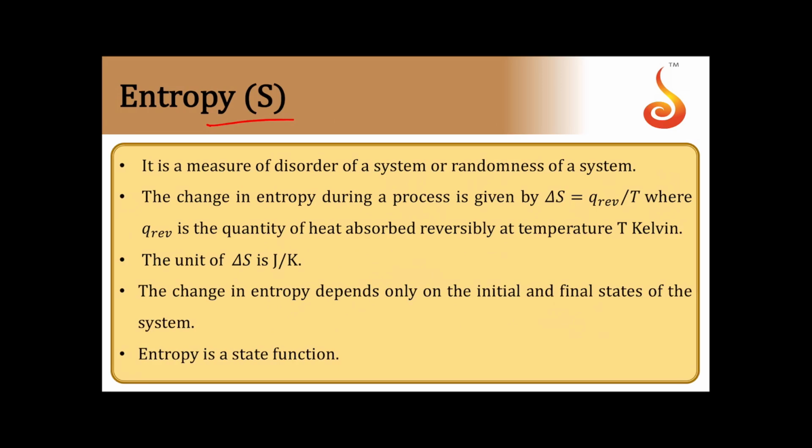Then comes the meaning of entropy. Entropy is a measure of disorder, or randomness, of a system. The change in entropy during a process is given by delta S equals Q reversible by T, where Q reversible is the quantity of heat absorbed reversibly at a temperature T Kelvin.